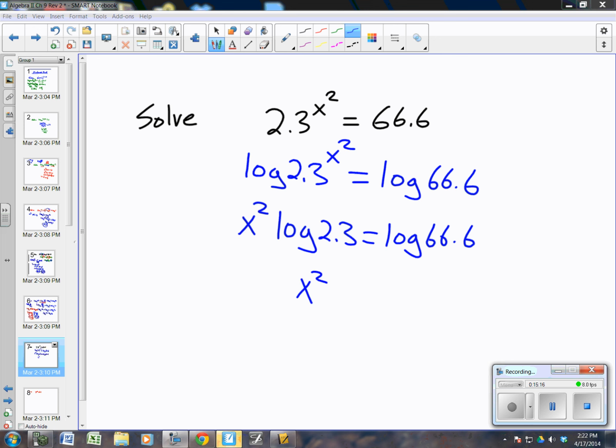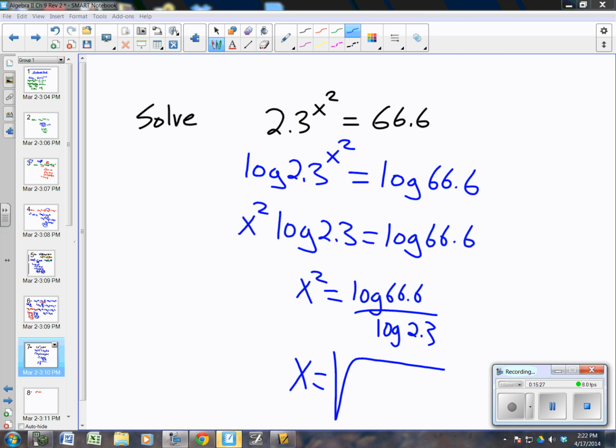So I'd get x squared equals log of 66.6 over log of 2.3. And then I would take the square root of both sides. Okay? Any questions there? And you should have gotten, what'd you guys get? 2.2245? Is that what you said? Okay, good job.